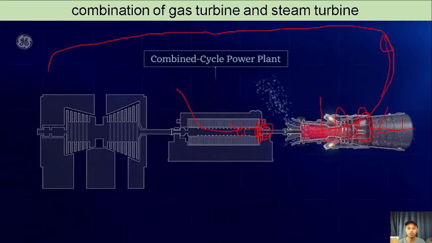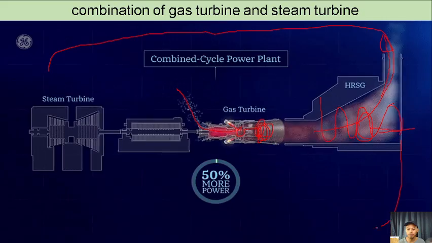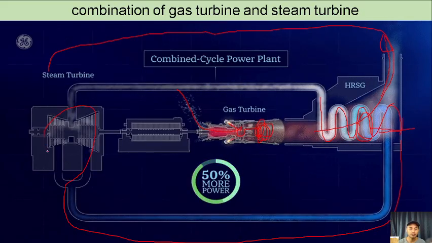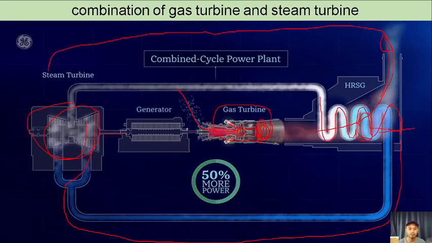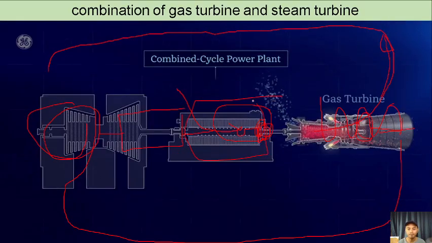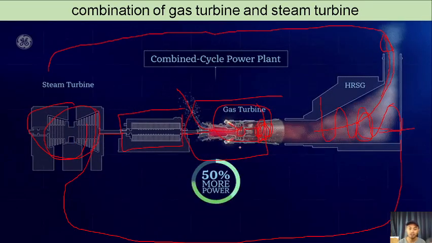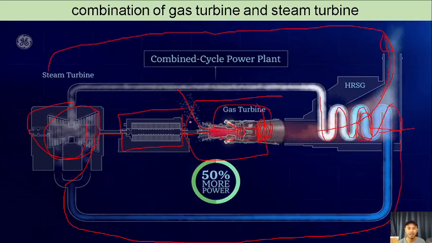So there is water in there, and that water will boil and become steam, and that steam will be used to power the steam turbine. So this is a combination of the gas turbine and steam turbine, and both are connected to the generator. So the generator will rotate better, will have better efficiency, and lesser energy losses in this combined cycle power plant.